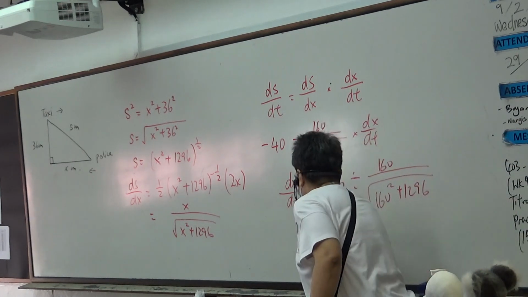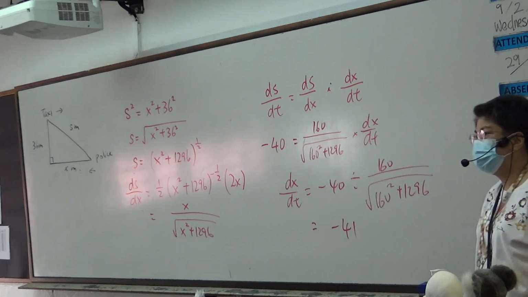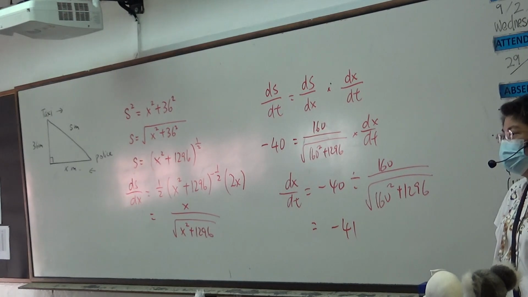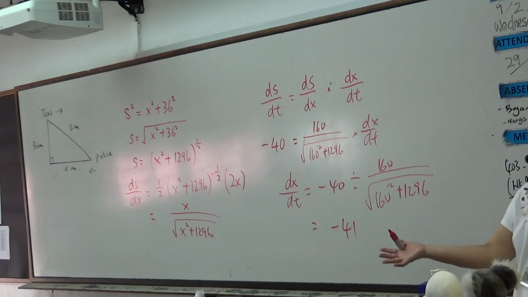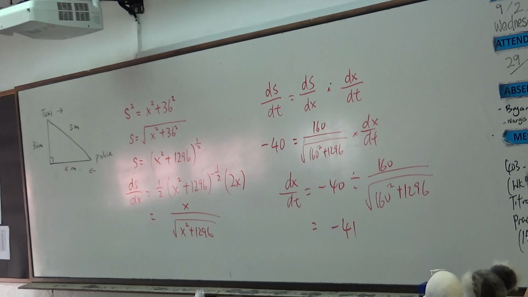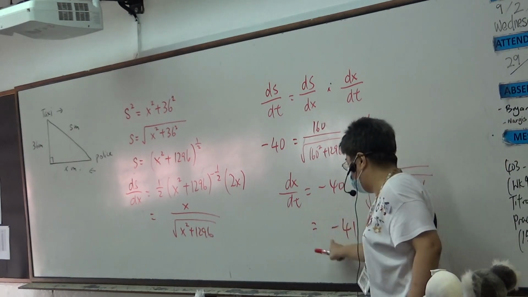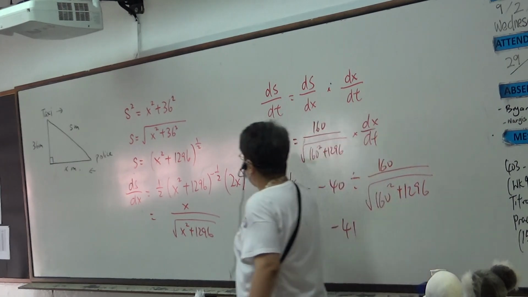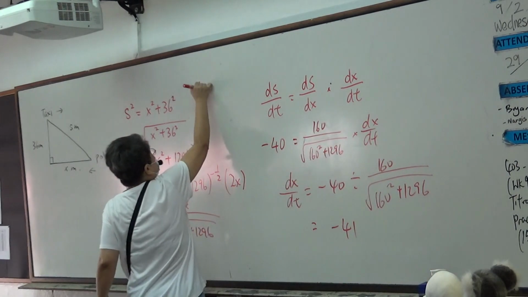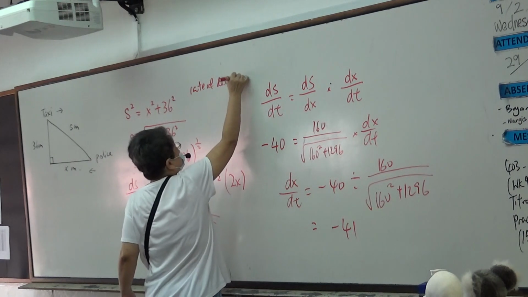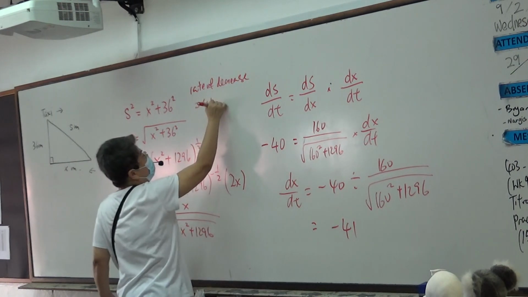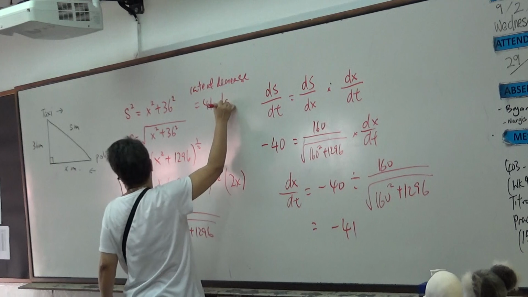Do you get negative 41? Does it tally with our question? Let's take a look. x is decreasing, right? So x is decreasing, and the rate of decrease will be 41 meters per second.